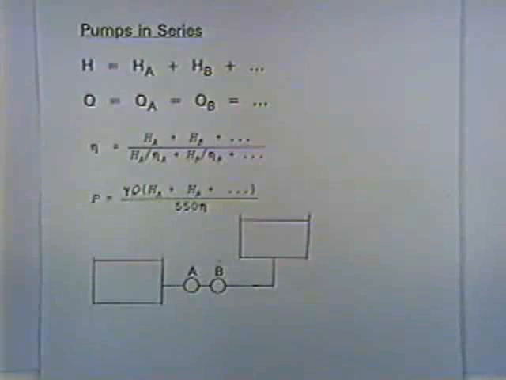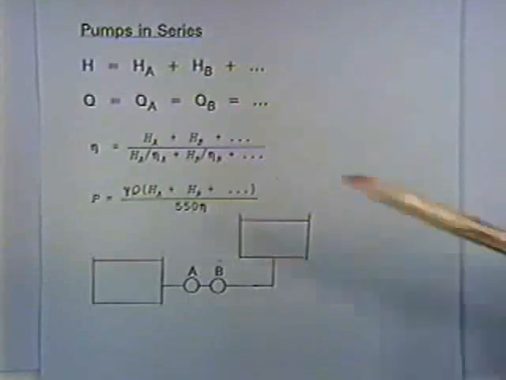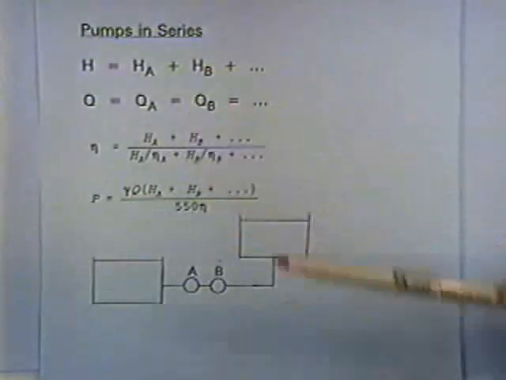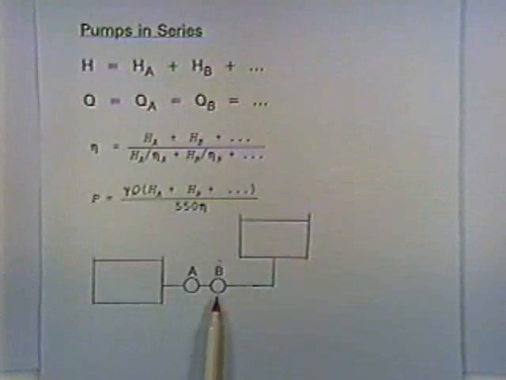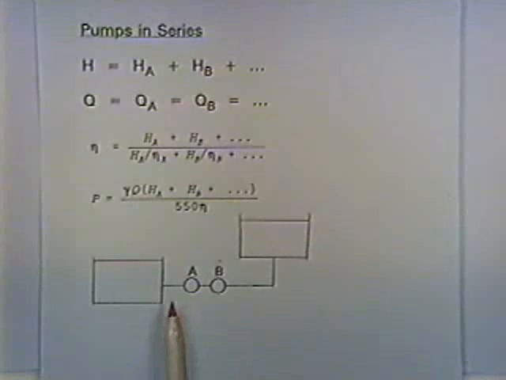If you have pumps in series, the total head across the system of pumps is equal to the head in the first pump plus the head in the second pump. So the total head across these two pumps is just the head in this pump plus the head in that pump, if they're in series, one behind the other. Now the total discharge through this pumping system is the same in both pumps. So the discharge is just the discharge in pump A, which equals the discharge in pump B.